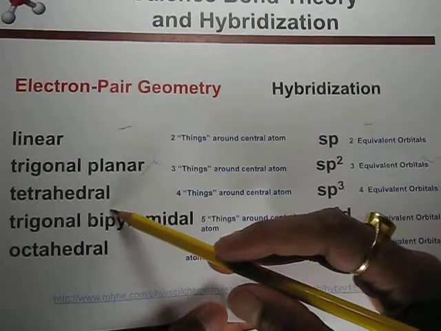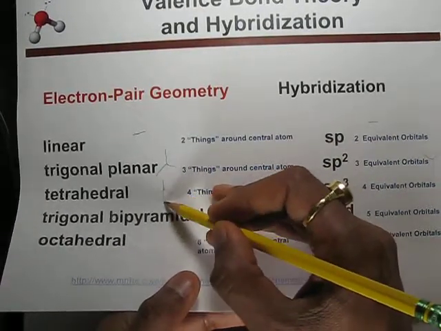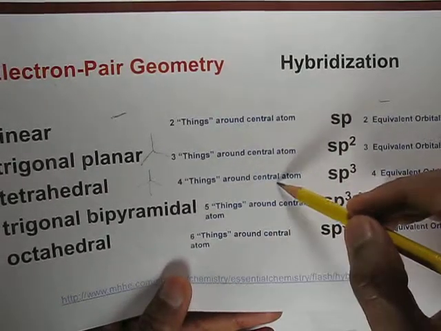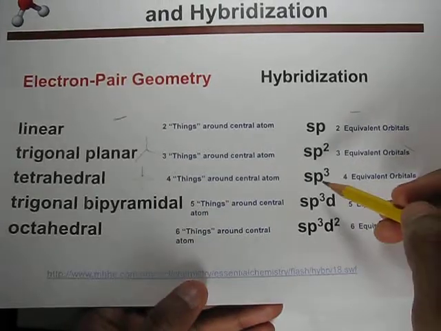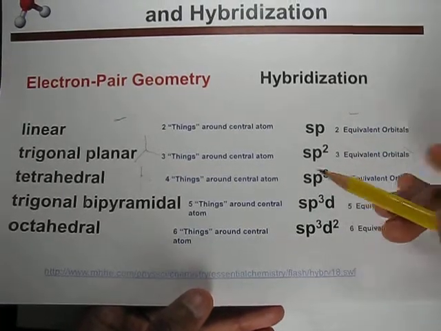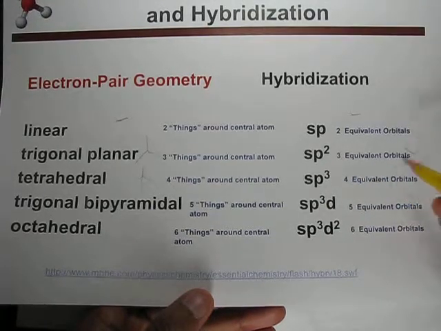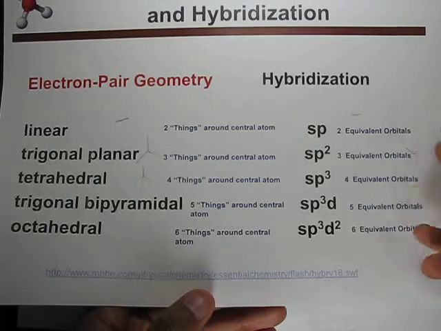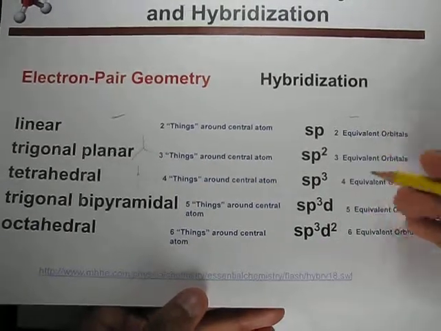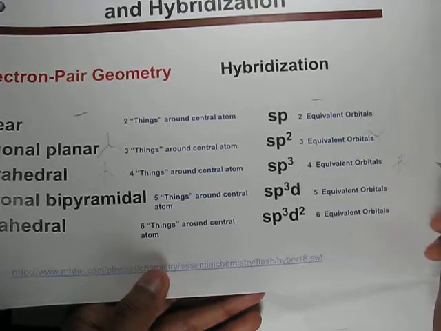In the case of tetrahedral geometry, if you remember, four bonds will be there, and four things around the central atom. In the case of four things, the hybridization is sp3 type, which means one s and three p orbitals will overlap together to form four equivalent orbitals. Equivalent orbital means all four bonds will have the same energy.